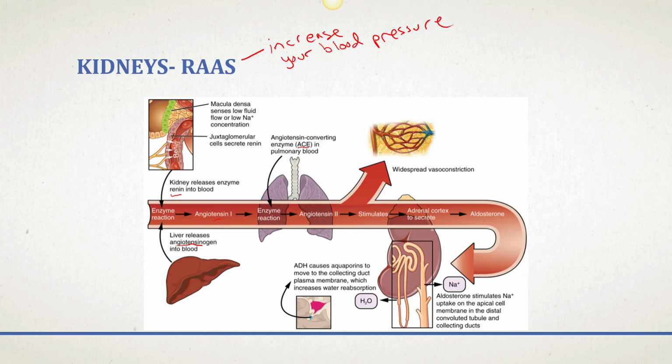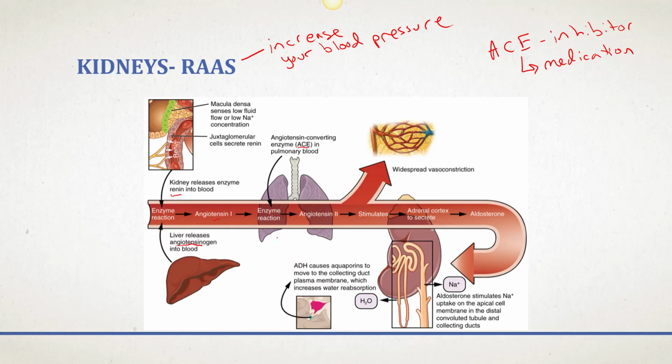Now, if you've ever heard of an ACE inhibitor, this is a medication, but ACE is the enzyme that's along this pathway. So we'll continue on this pathway and then we'll go back and talk about what this medication does.